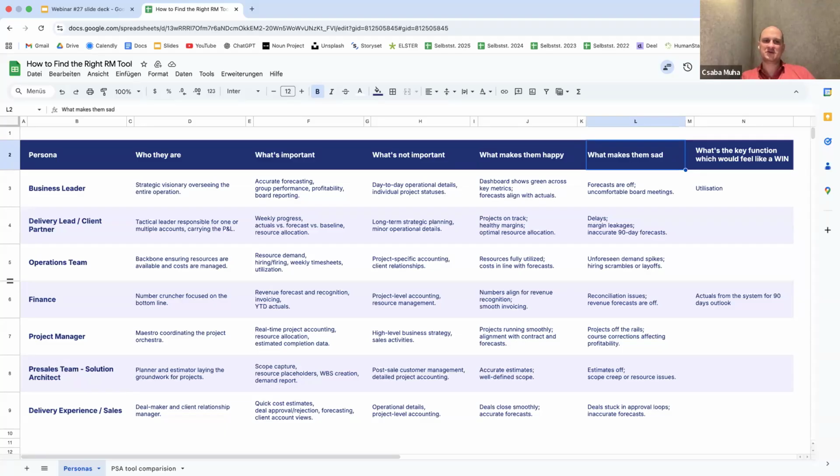So usually whoever has the biggest pain point comes to the conclusion that, okay, it's unbearable, I want to fix it, I will become the internal sponsor, and I will find the right tool which solves my pain point, and I try to find allies by identifying what other pain points they are solving.